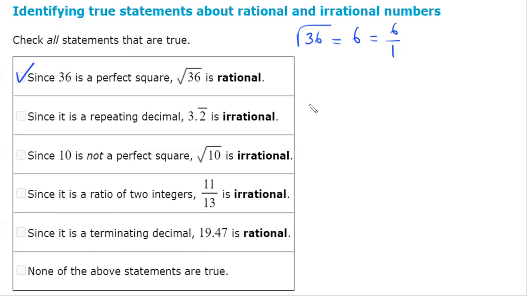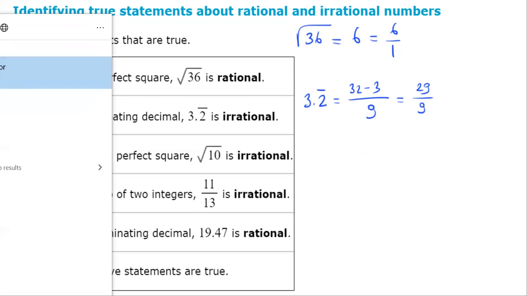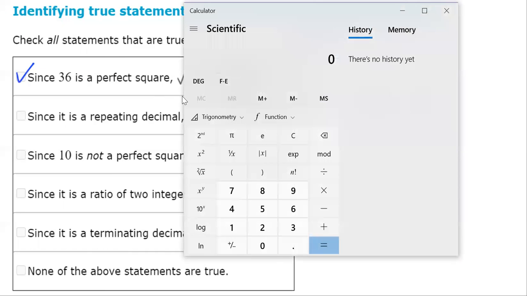Why? Because I can write 3.2 repeating as 32 minus 3 over 9, which is 29 over 9. So we can actually try. Let's get our calculator.